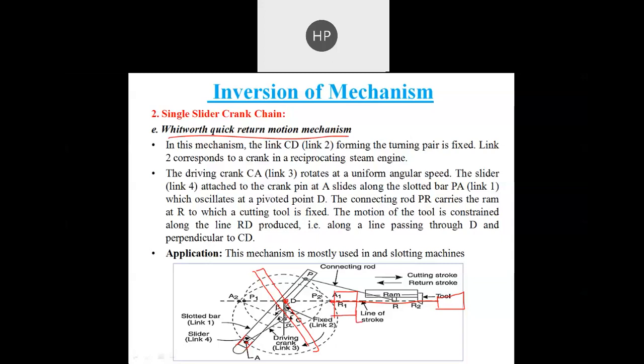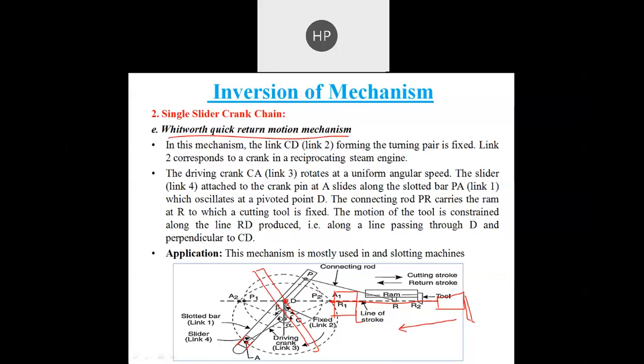When it moves from A1 to A2, it will start oscillating and reach this point. So this is the motion, and from A2 to A1 it will come again. In this case it is the return stroke.